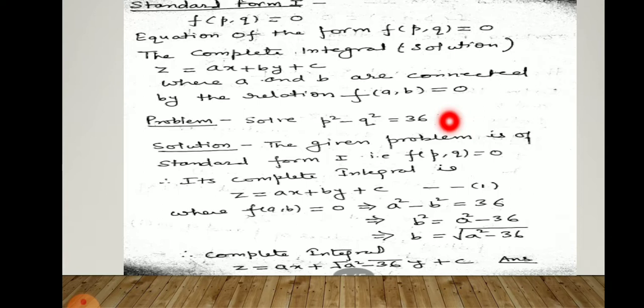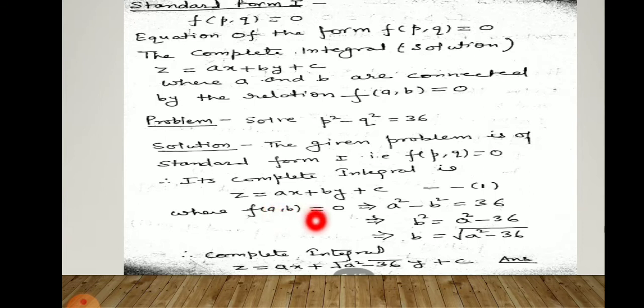Now we already discussed that the complete integral is z is equal to ax plus by plus c, where f of a, b is equal to 0.